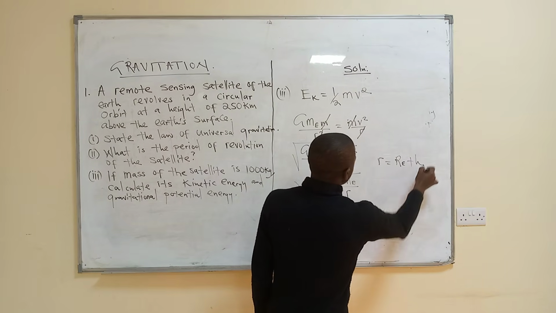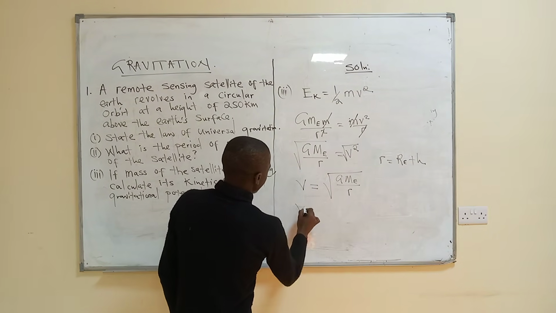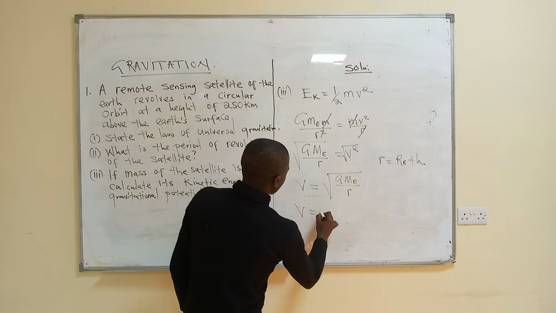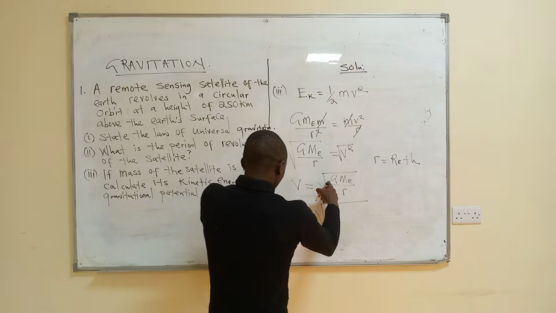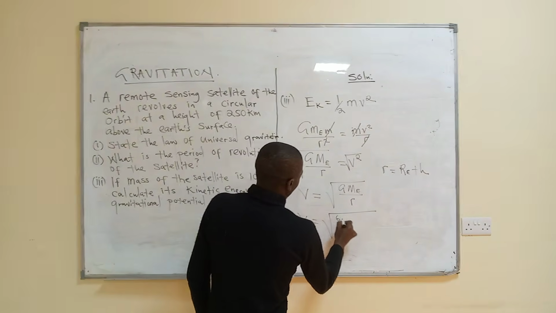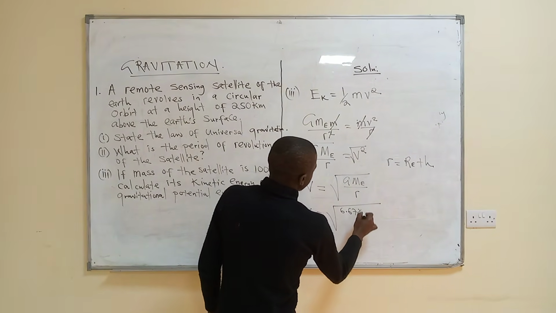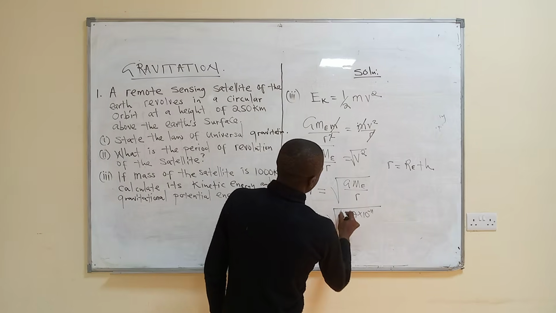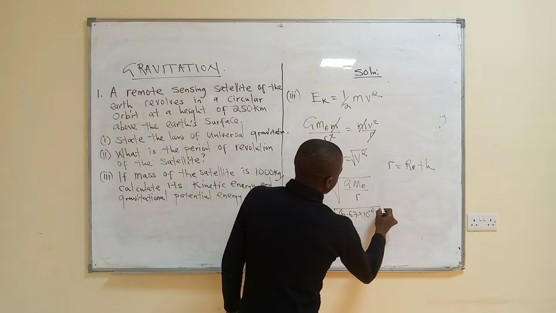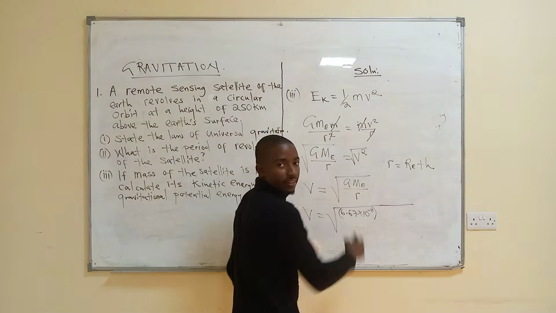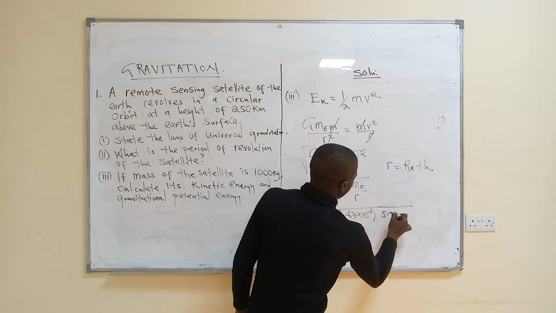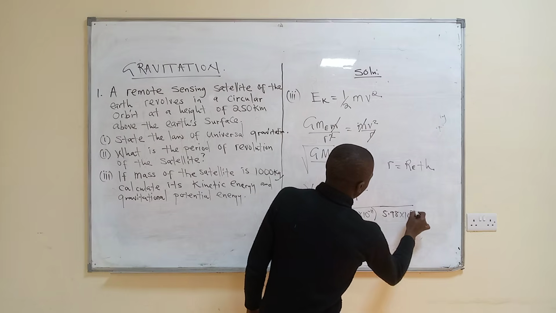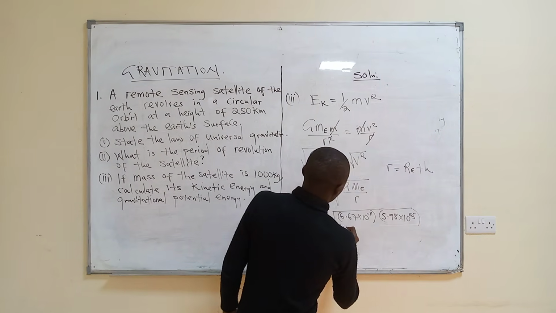So velocity is equal to the square root of the universal gravitational constant, that is 6.67 times 10 to the power negative 11. What is the constant mass of the earth? That is 5.98 times 10 to the power 24, over r.